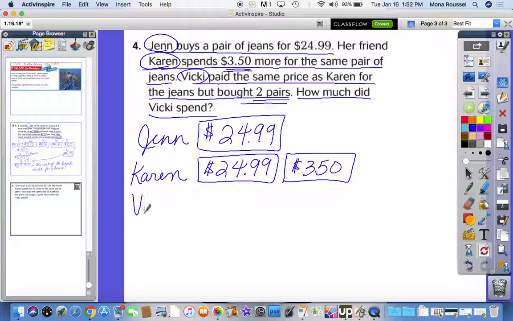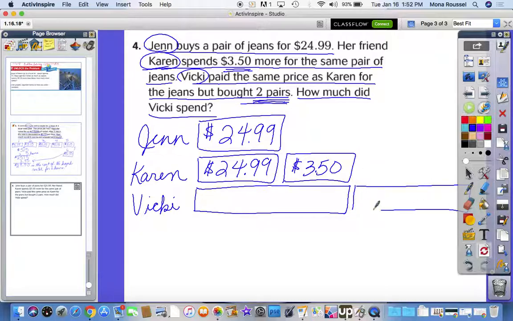Then we get to Vicky finally, and we learn that Vicky paid the same price as Karen, but she bought 2 pairs. So this would represent the amount Karen paid, but she bought not only 1, but 2 of those. So we would have to double that price. Now we have to figure out how we are going to fill in these missing boxes.